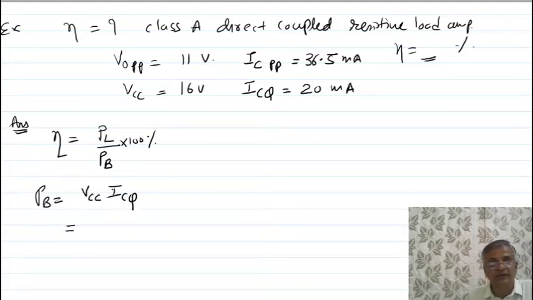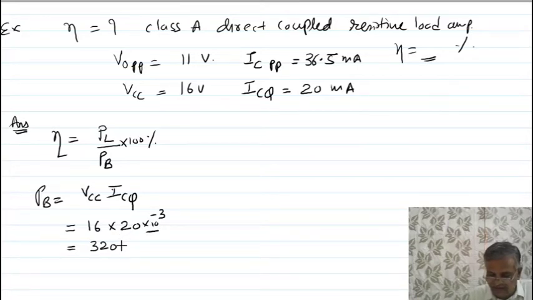So 16 multiplied by 20 into 10 raised to minus 3, because it is in milliampere. 16 times 2 is 32, so 320, with 10 raised to minus 3 as milli. So the DC power supplied by the battery is VCC times ICQ. How much? 320 milliwatt.